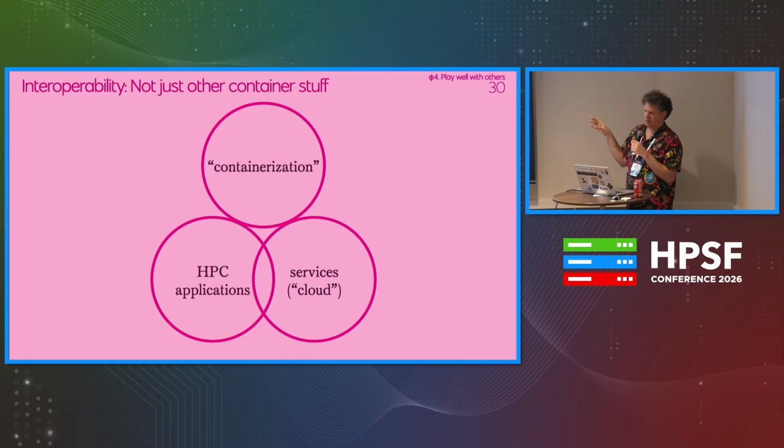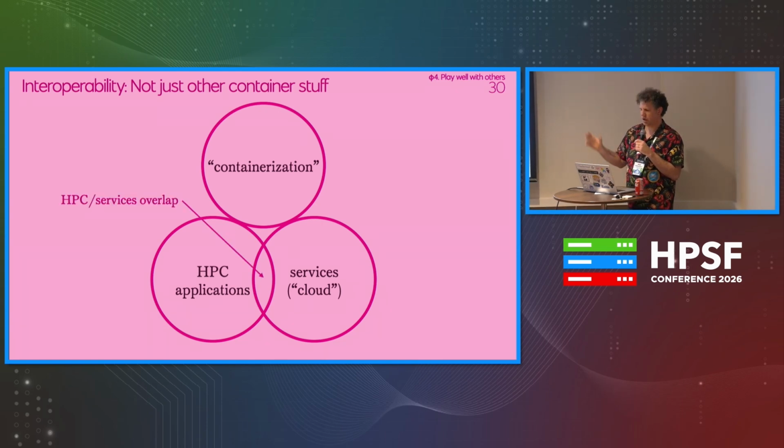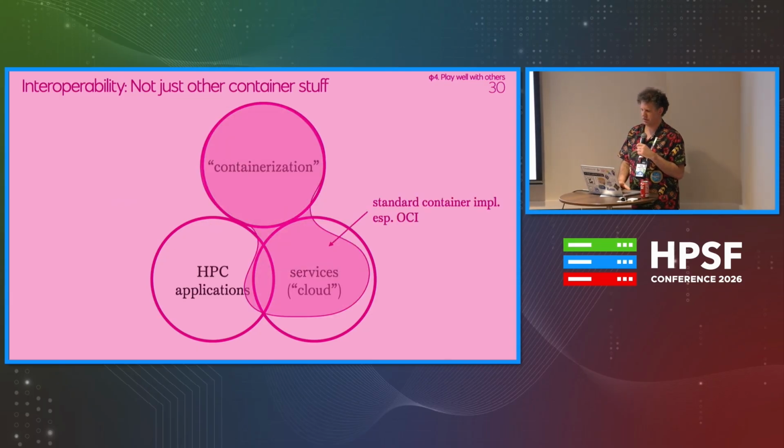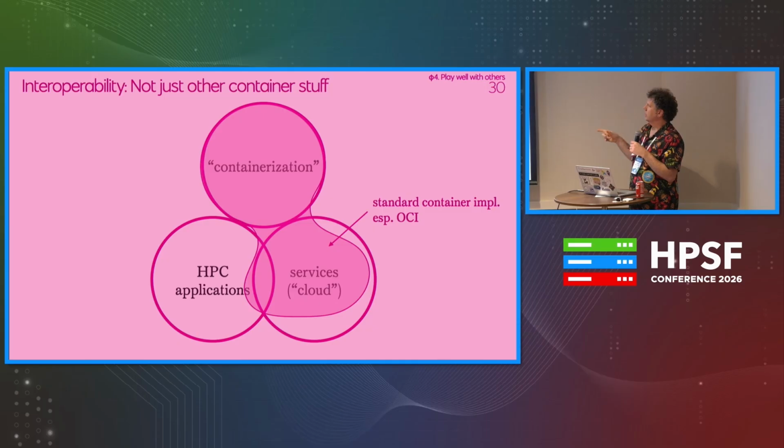The Venn diagram going on here, we've got science applications, we've got the services. There's a small amount of overlap right here. It's not zero. And then there's this thing about containerization. So if you take your normal, routine container implementation, especially if it's trying to be OCI, they're mostly about services, right?